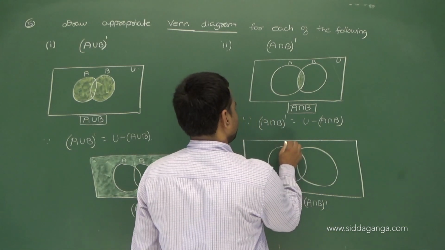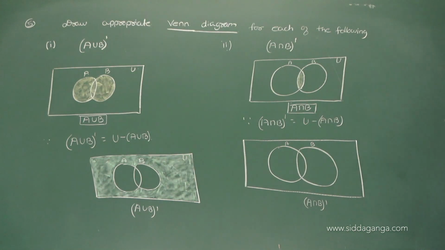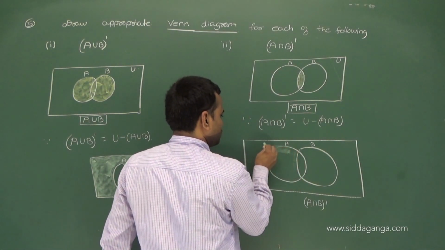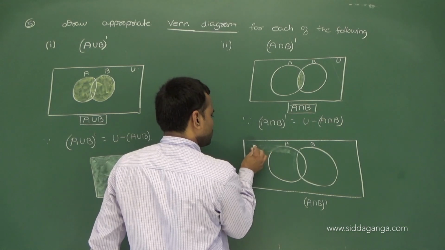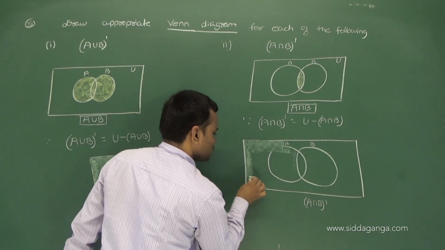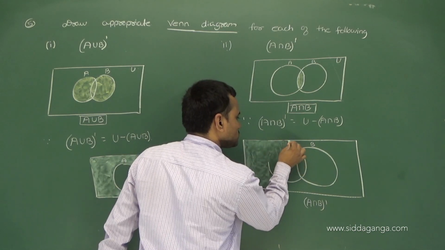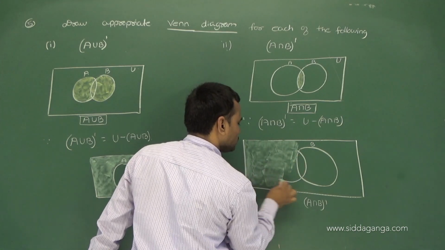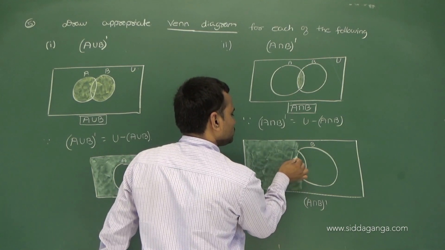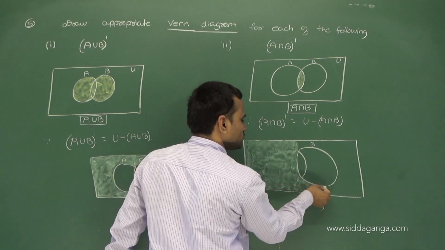Okay? This is A set, B set. All the region, only we leave out these values. Correct?